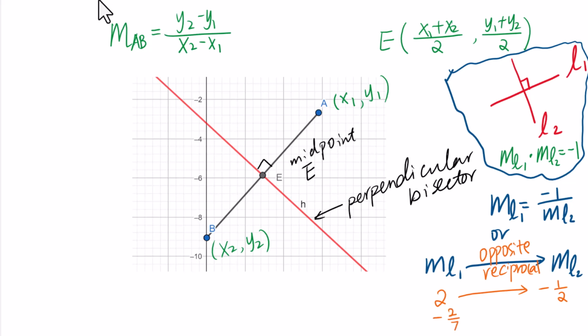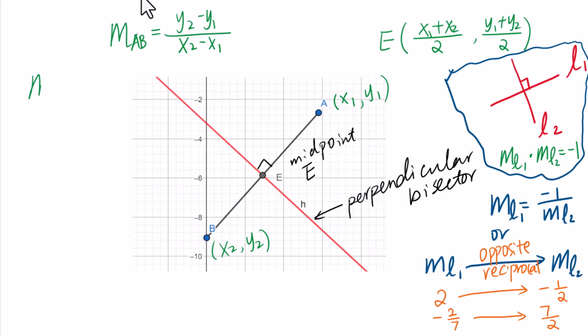Another example: -2 over 7 as the slope of L1. Then opposite of -2 over 7 is positive 2 over 7. Reciprocal of 2 over 7 is 7 over 2.